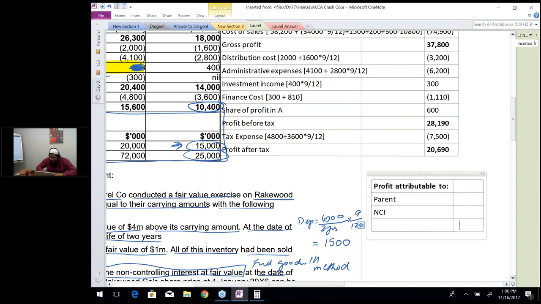So now we are actually going to attribute the profit from 20690, the profit after tax, that how much of this belongs to parent and how much of this belongs to NCI.